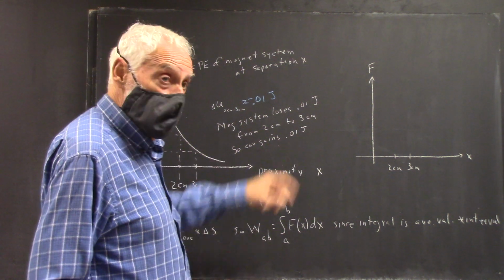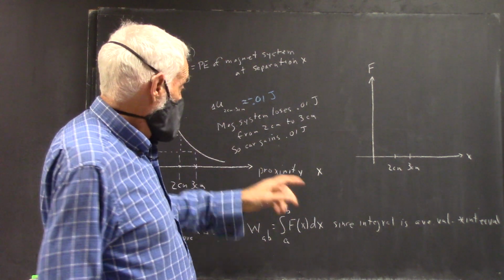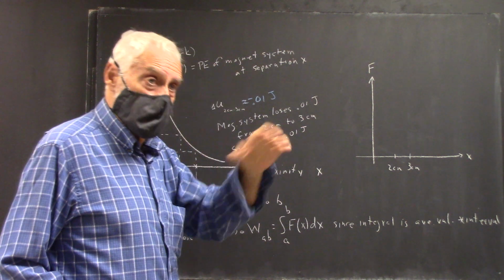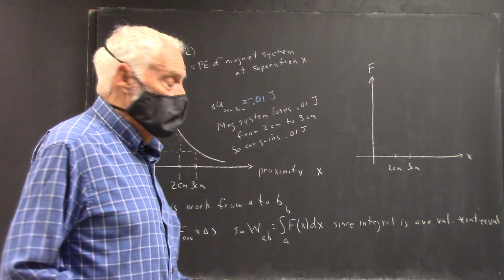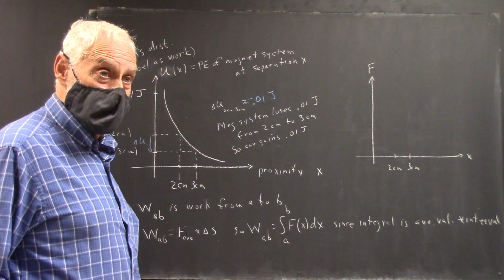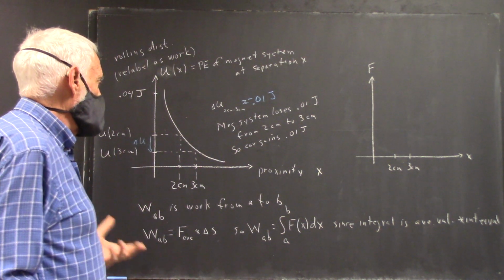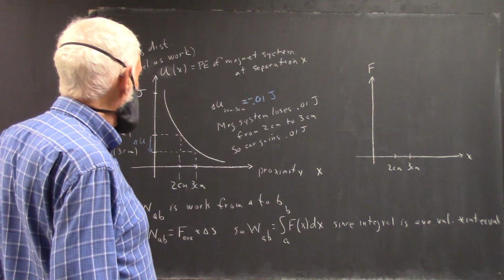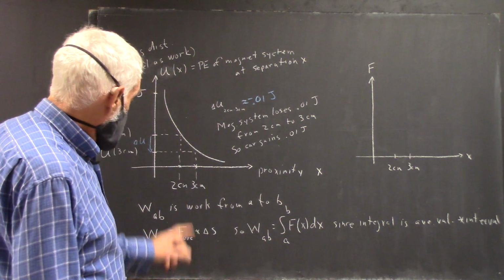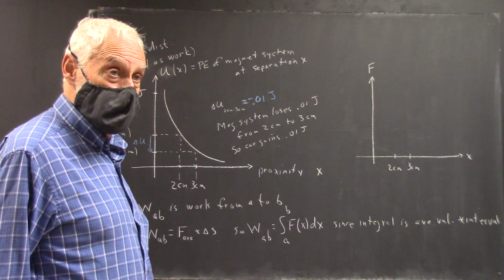So the car gains this. Now what happens to the potential energy the car gains? It gets lost to friction, which of course is how we got these numbers to start with. All right. So the question then is, what's the average force between 2 centimeters and 3 centimeters?